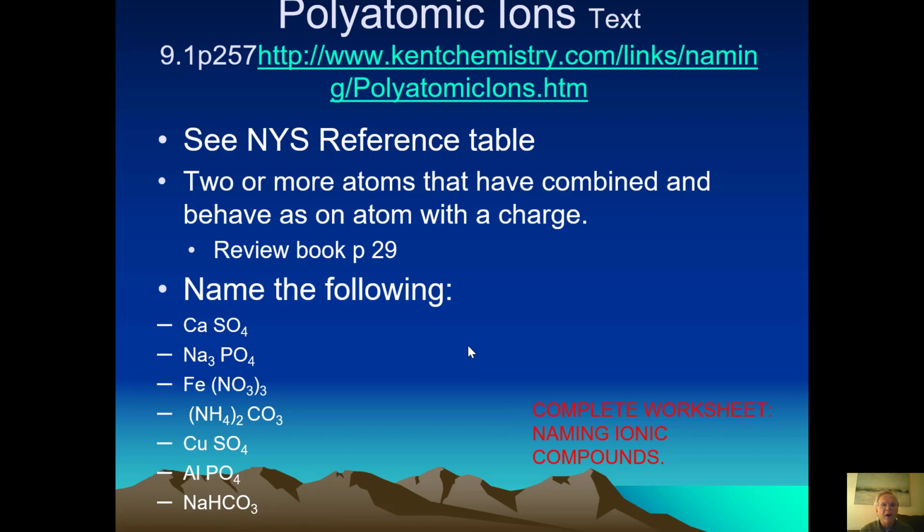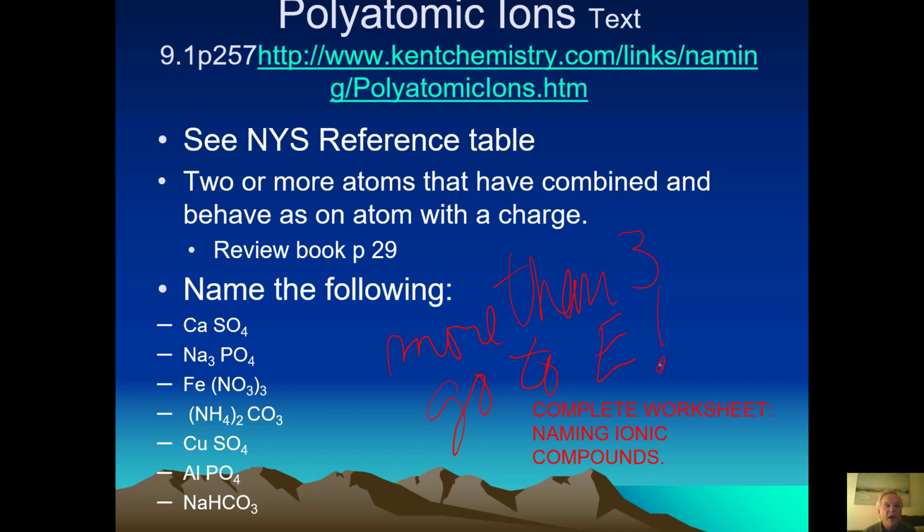So we've talked about polyatomic ions already. Now we want to see, how do we name things that have polyatomic ions associated with them? Well, the one thing is, and you may note this, if there are more than 3 elements in a compound, go to table E. Chances are there's a polyatomic ion associated with it, and you should be able to identify it.